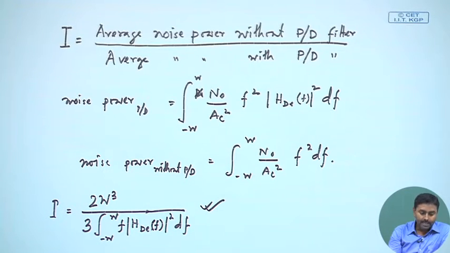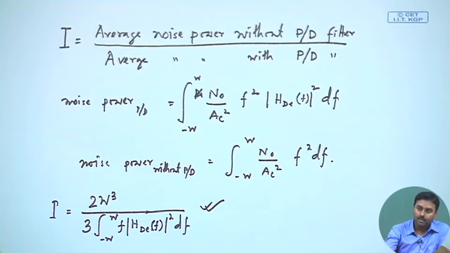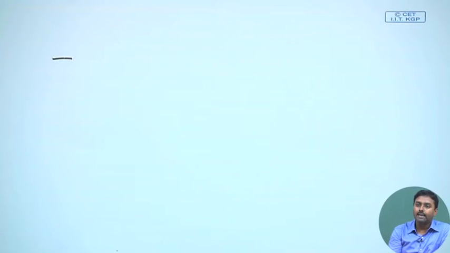Okay. So, let us try to see if we have a practical filter for this pre-emphasis and de-emphasis, what should be the performance. Let us say we employ a pre-emphasis filter which looks like a high pass filter, because pre-emphasis means the higher frequency I should boost and the lower frequency should be suppressed.